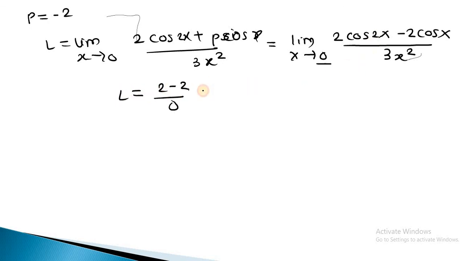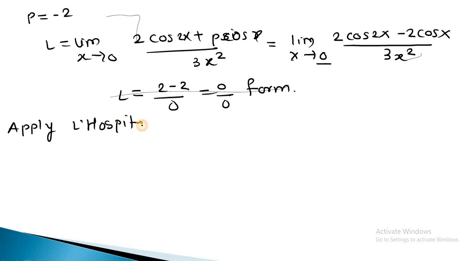the value of L becomes 2 minus 2 upon 0, that is 0 by 0. So again we apply L'Hospital rule. So what do we get?